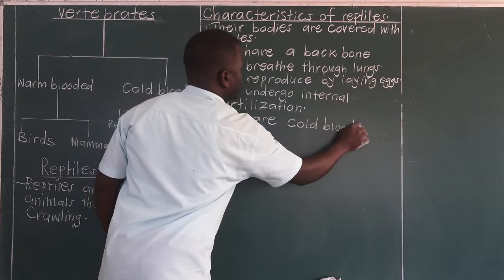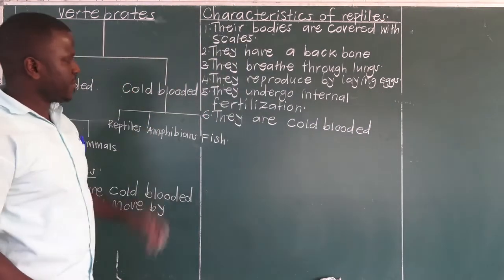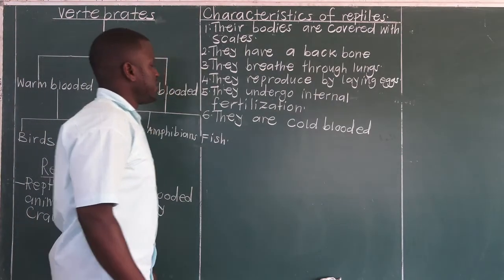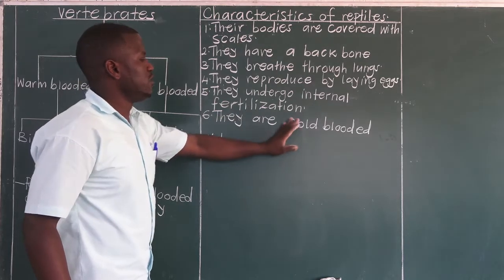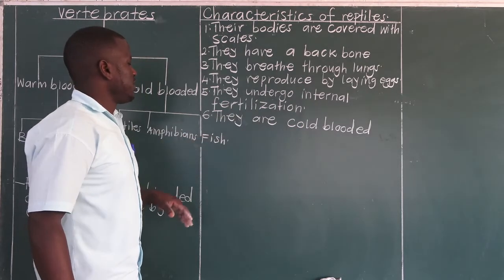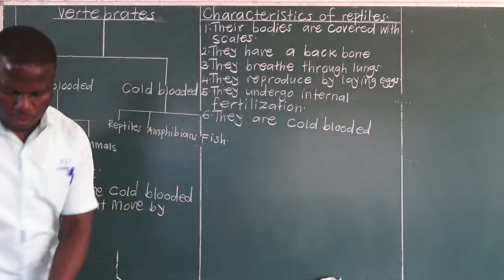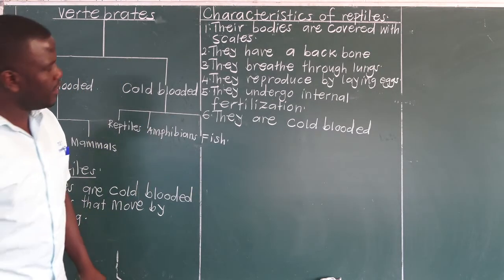Being cold-blooded means that their body temperature changes according to the environment. Or you can say their body temperature is not constant.